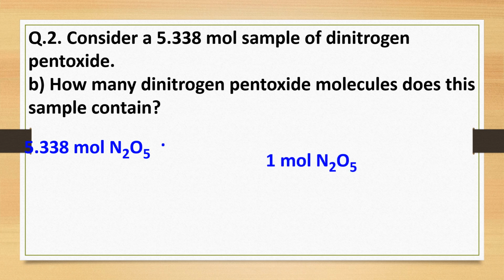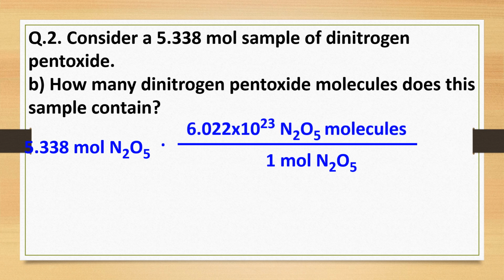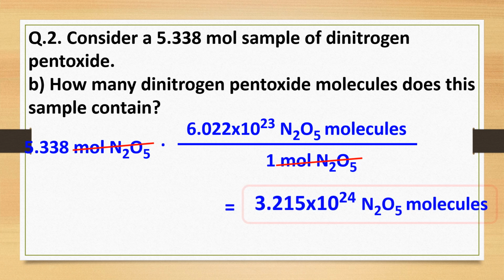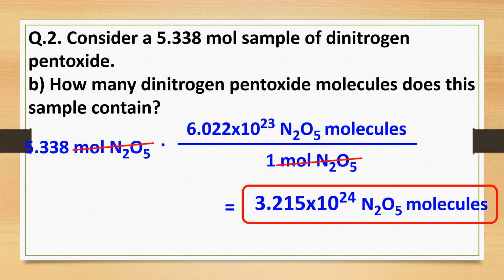So each mole of N2O5 gives us 6.022 times 10 to the 23rd molecules of N2O5. After you multiply the two numbers together and cross off the units in mole, you have 3.215 times 10 to the 24th molecules.